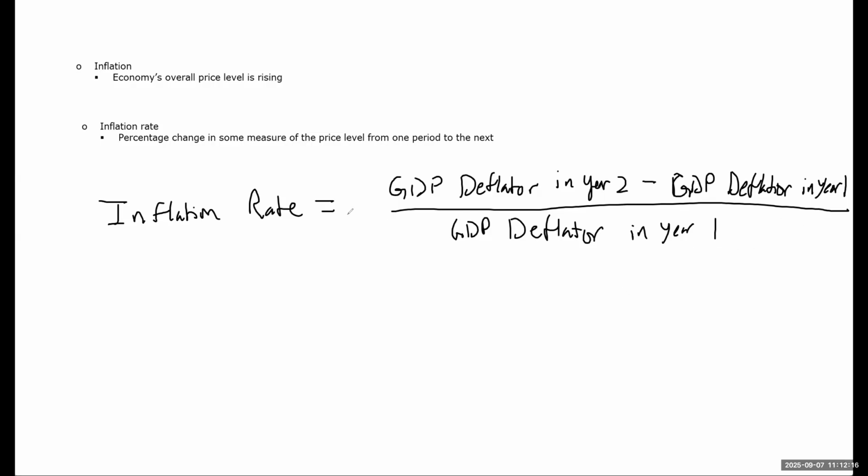We got to multiply this by 100. So let's do this with our Excel file that we used to calculate real GDP and nominal GDP. We'll calculate the GDP deflator, as well as the inflation rate using the GDP deflator.